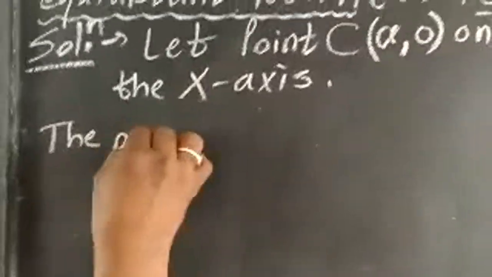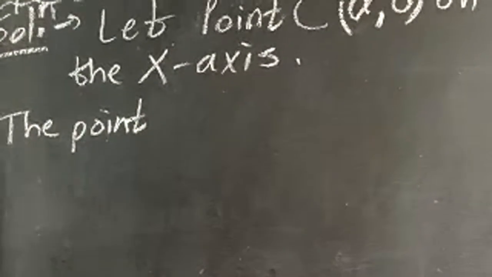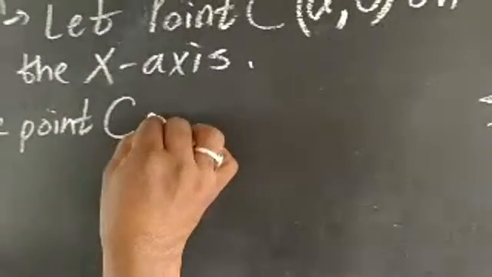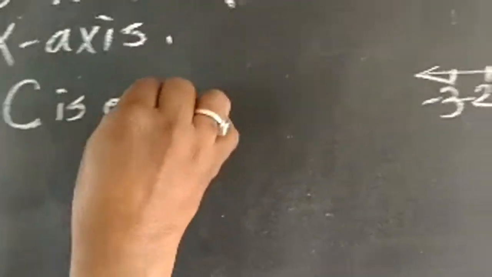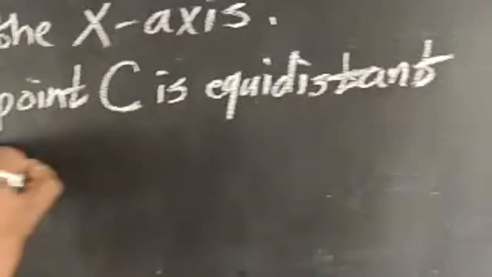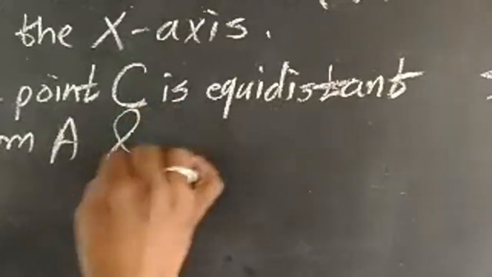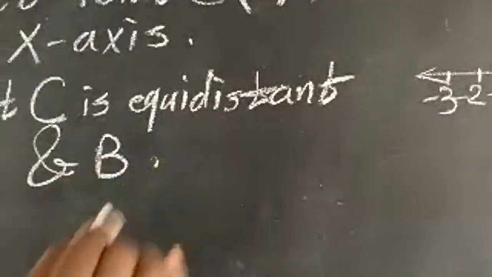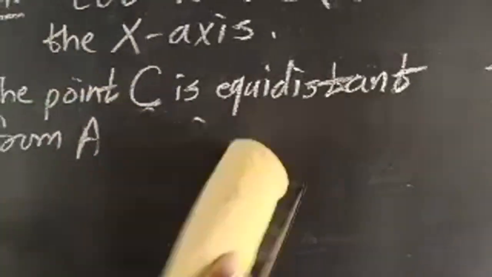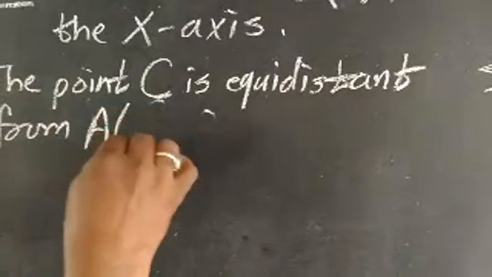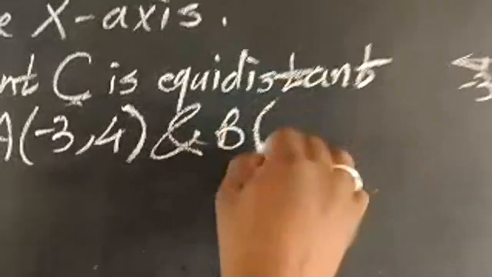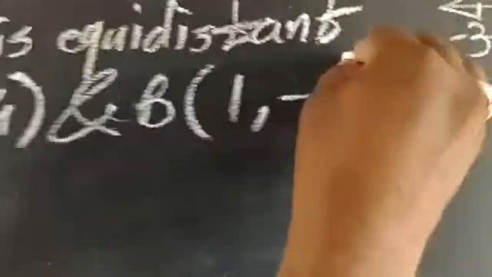The point, we write here the name of that point. C. Yes, correct. Point C is equidistant from A and B. Here, the coordinate of A is -3, 4 and the coordinate of B is 1, -4.